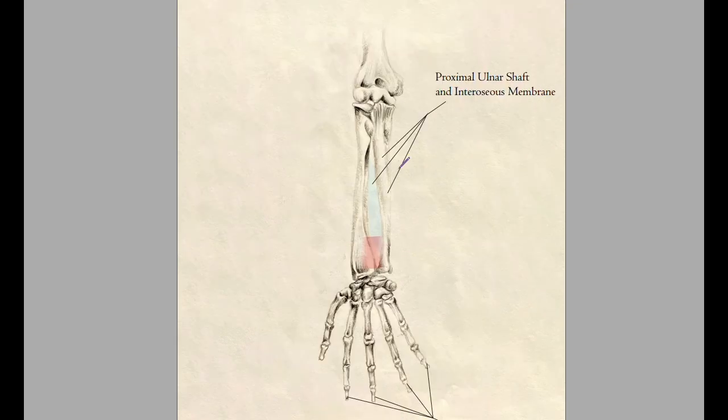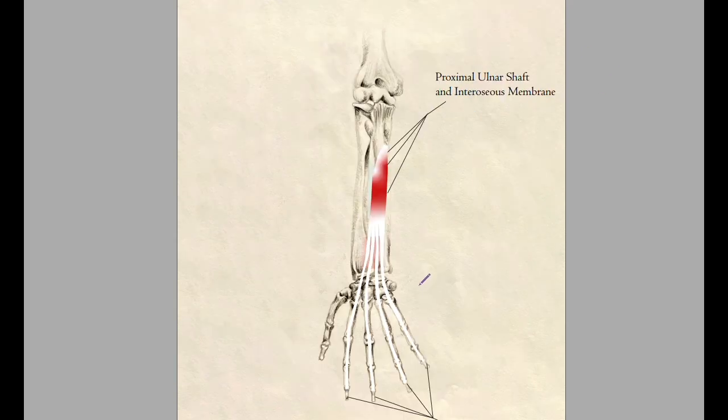And then from there, the muscle belly is going to split into 4 different tendons, and they're going to run all the way to the distal phalanges of digits 2 through 5. That's in contrast to the superficialis, which is going to do something a little bit differently. That's the Flexor Digitorum Profundus.